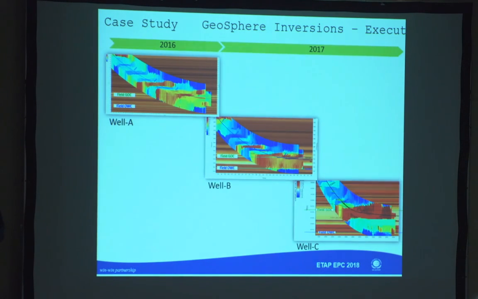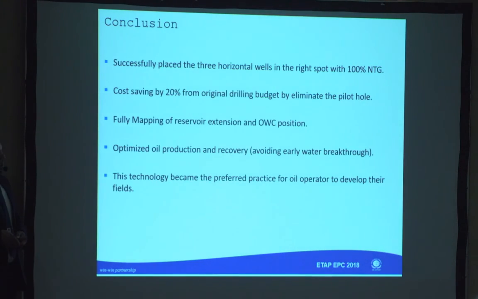to achieve these results. As a conclusion of this project, we successfully placed the 3 horizontal wells. We landed them and drilled them horizontally into the target zone with 100% net to gross. Cost saving of 20% from the original budget of this horizontal well, by eliminating the pilot well.